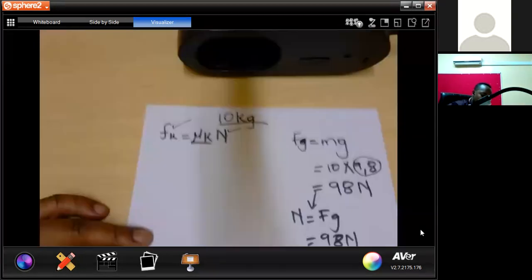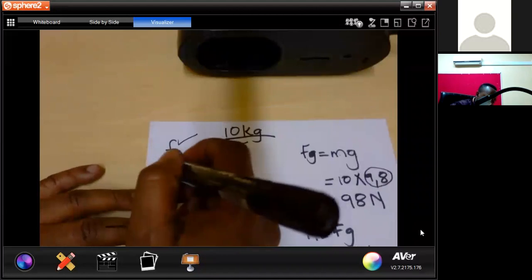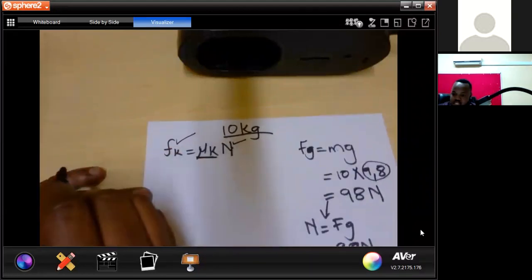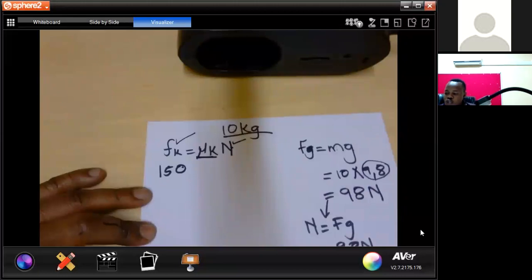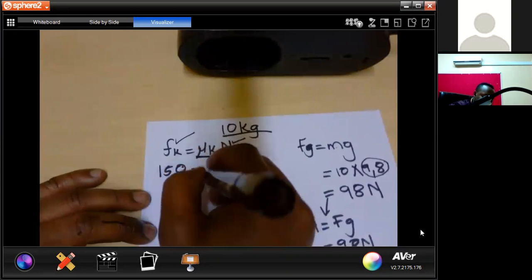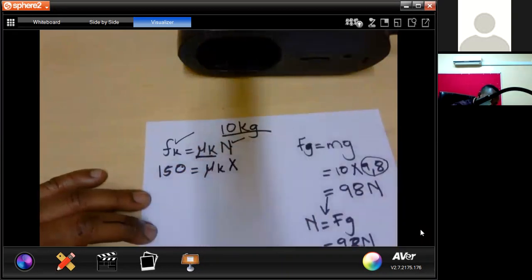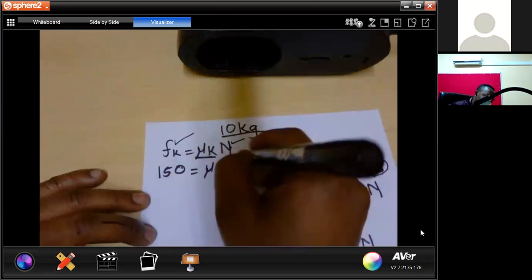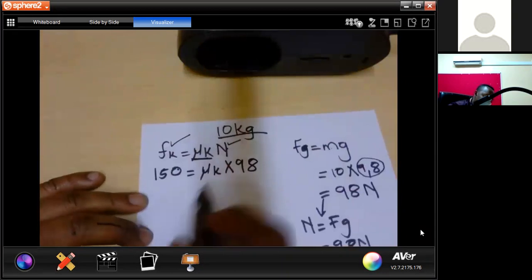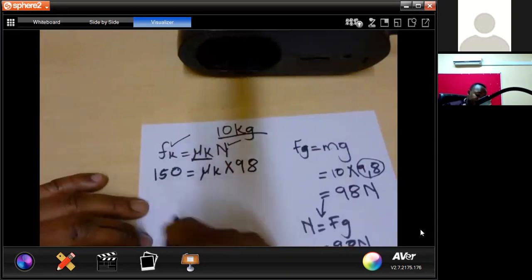So there, I am going to substitute 150, right? And that is going to be equal to the coefficient of kinetic friction multiplied by what is the value of the normal force? 98. To get the coefficient of kinetic friction, I must divide both sides by 98.